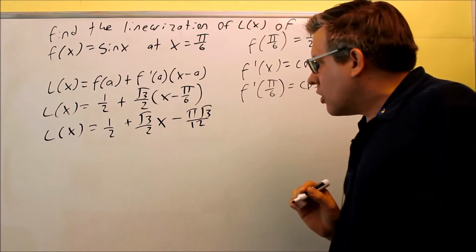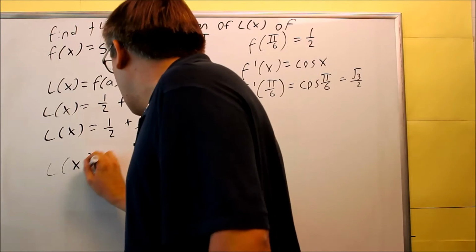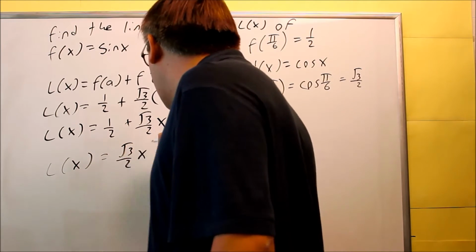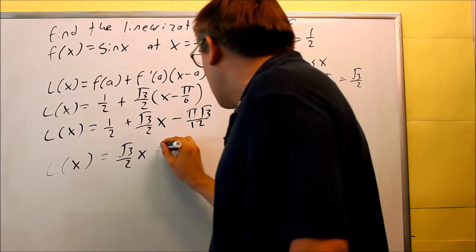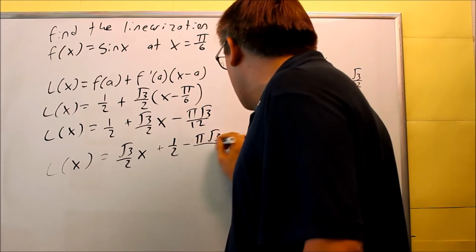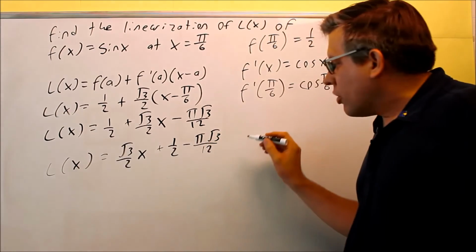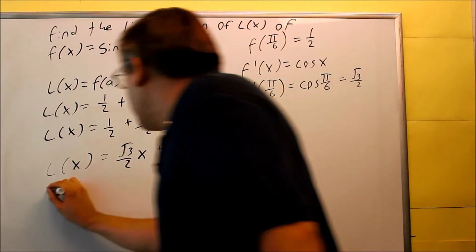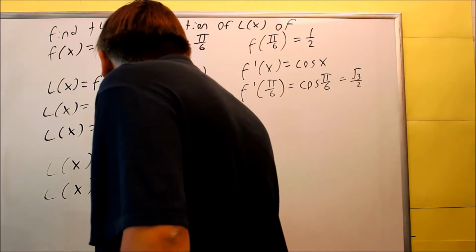And then we're just going to rearrange it. So L of x is going to equal root 3 over 2 x, and then I have plus 1/2 minus pi root 3 over 12. What you can do is leave it in that form. If you'd like to get a common denominator, you can do that as well. Let's do that.